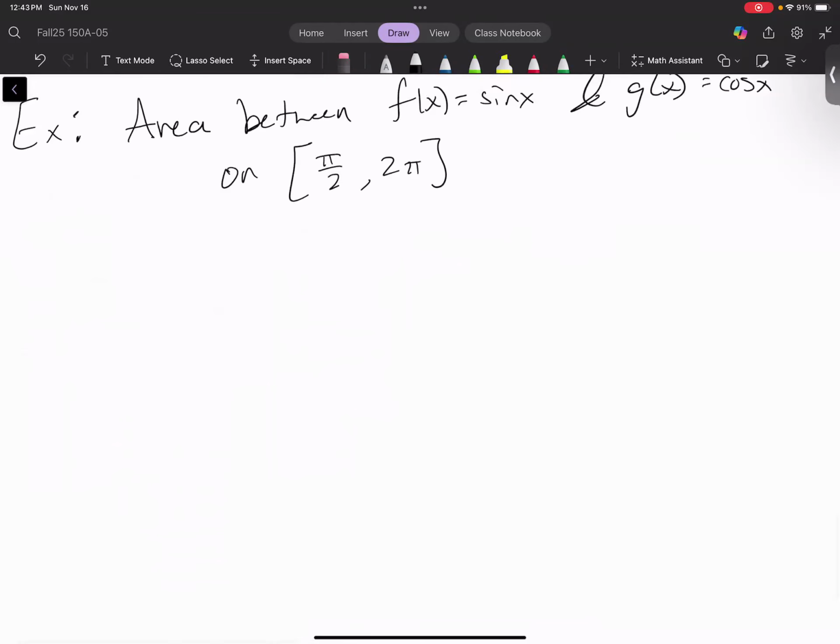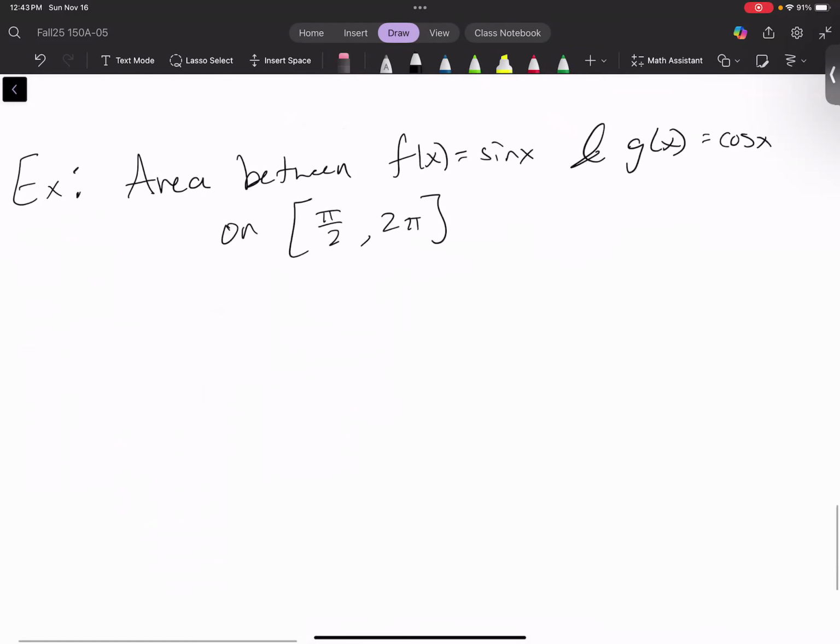Okay. So let's do it. So first, let's find intersection points. So sine x equals cosine x. For this interval, remember earlier we had pi over 4? Pi over 4 is not inside this interval. Okay?